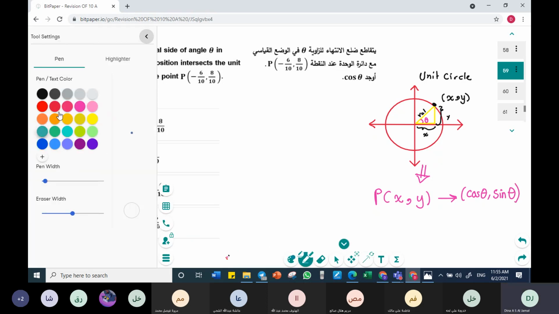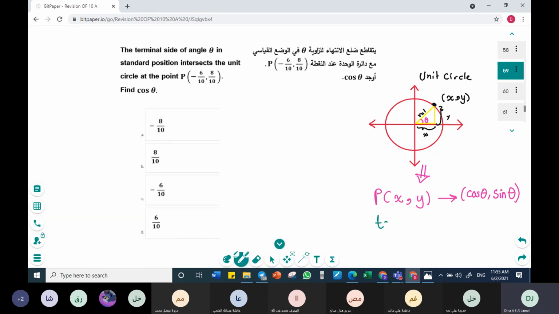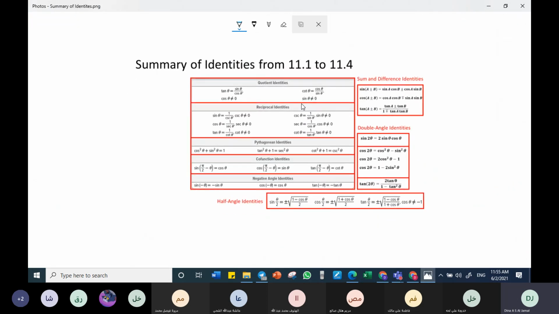And if I ask you to find tan theta, then it will be sine theta over cosine theta, and we can remember this from the quotient identities.